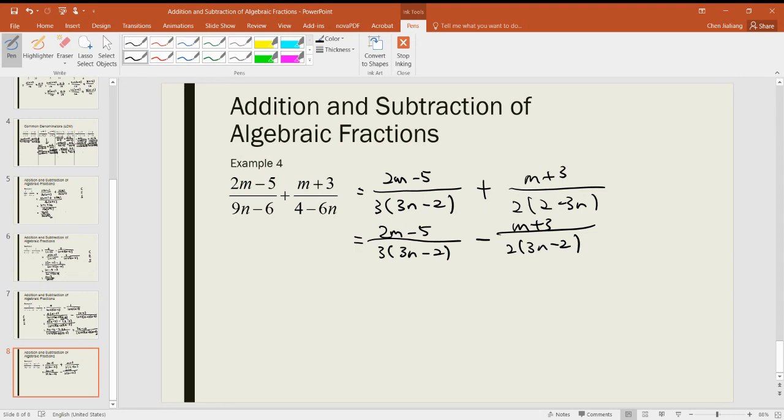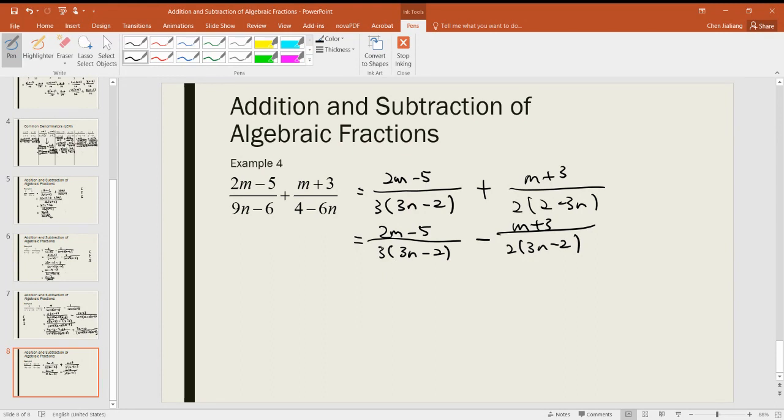Right now the common denominator will be 6 multiplied by 3n minus 2. It will be much easier rather than multiplying by 2 minus 3n to the first term and 3 minus 2n to the second term. Now that we've converted the term over, it will be much easier to simplify this expression.